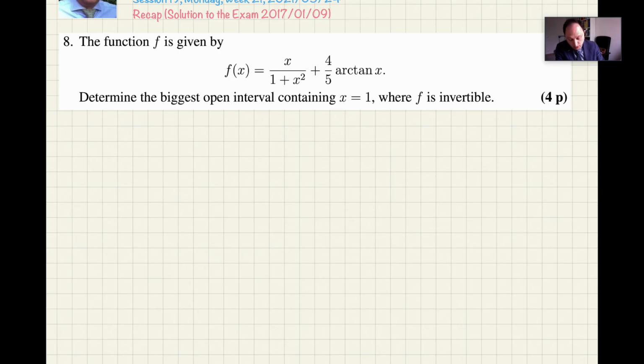Okay, so this means that I need to take the derivative of this function. So I take the derivative of f. For the first part, I use the quotient rule: the derivative of the numerator, 1, multiplied by the denominator, minus the derivative of the denominator multiplied by the numerator, and then divided by the denominator squared.